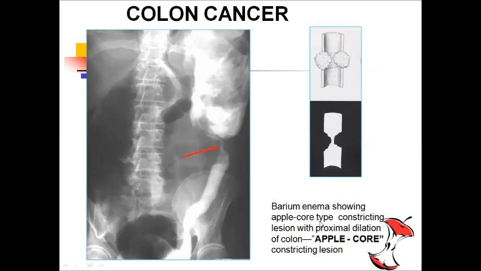Apple core type of constricted lesion with proximal dilation of colon, with thickening of colon walls. It's relatively good confirmation of colon cancer diagnosis.